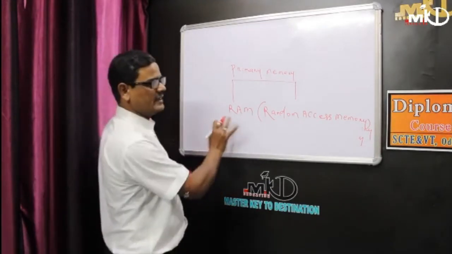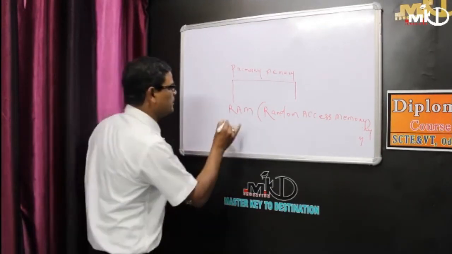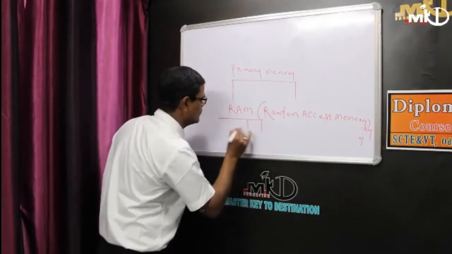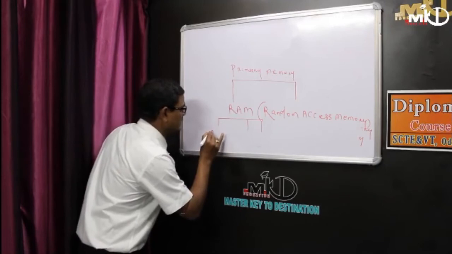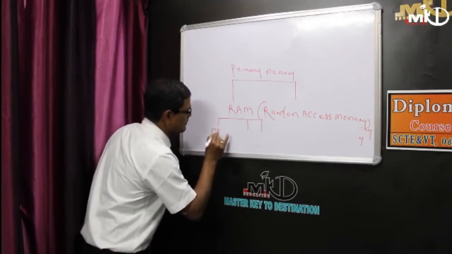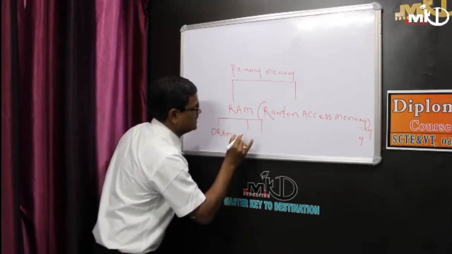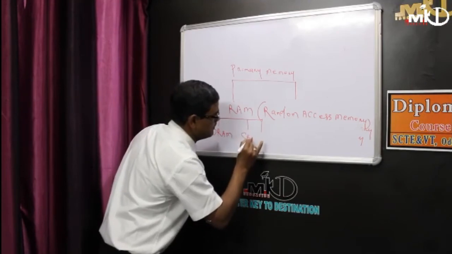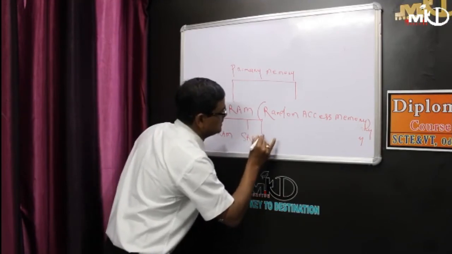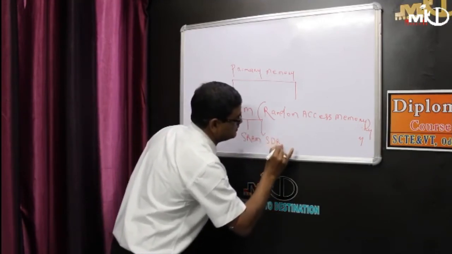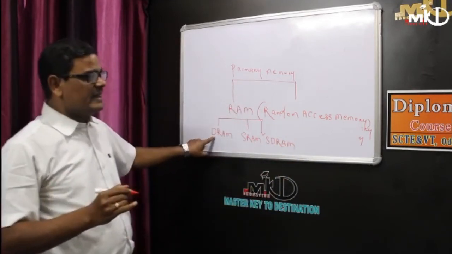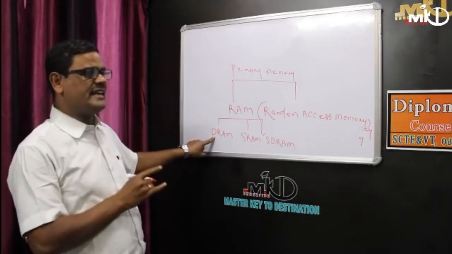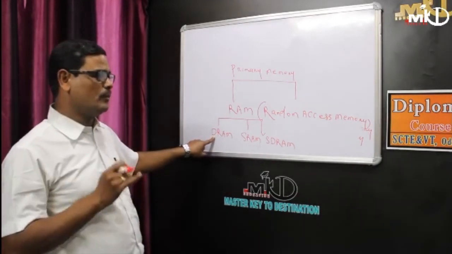Different RAMs are available. One is DRAM, another is SRAM, another is HDRAM. DRAM stands for dynamic random access memory.